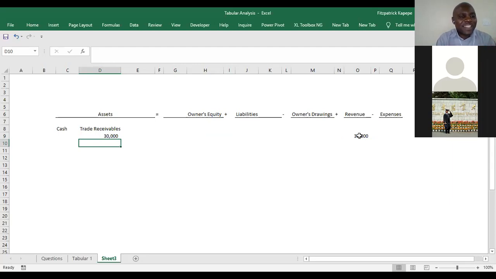But here you are not showing the credit and debit, you are just showing them as is. Trade receivables come from your operating activities, the goods that you sell to people on credit. Those that owe you are what is referred to as receivables.